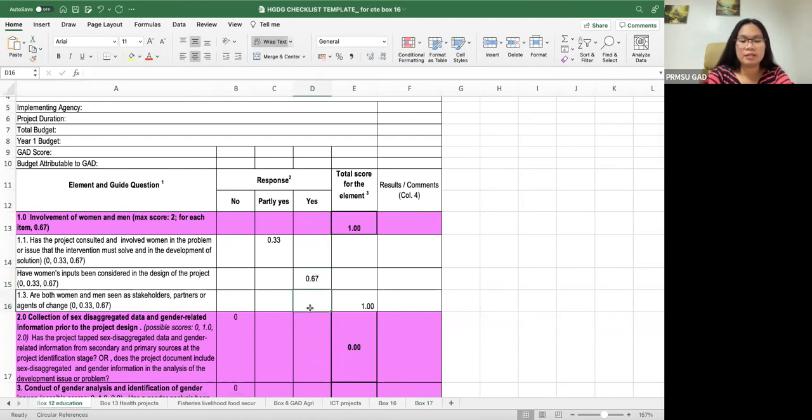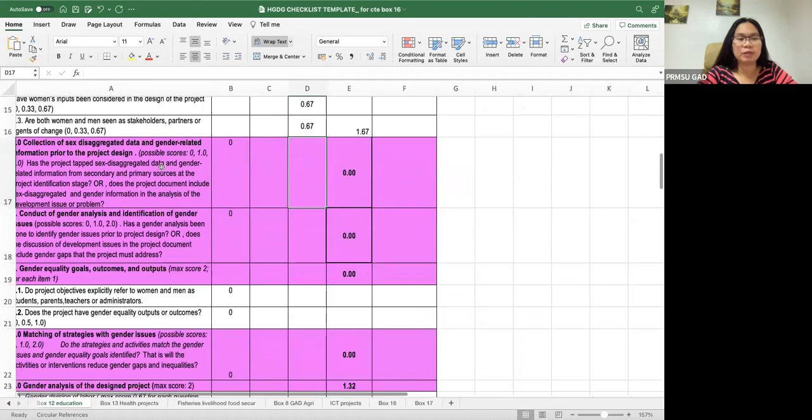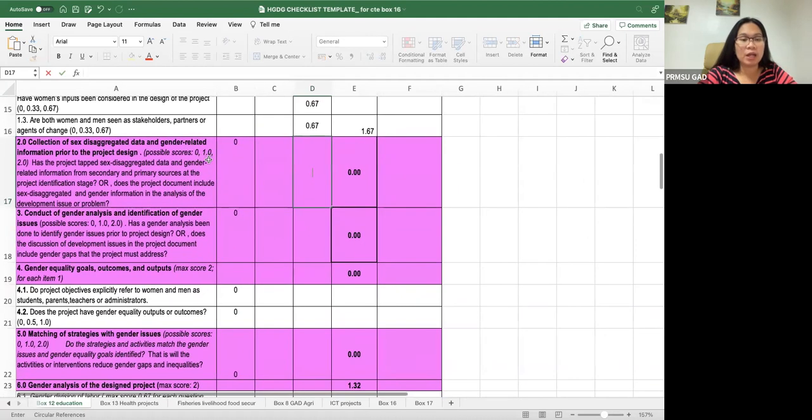If yes, another 0.67. So that is the sum for the first one. And then the same here, collection of sex-based aggregated data. Earlier, you can see that there is a collection of sex-based aggregated data. But this time, the scoring is 0, 1, or 2. So here we go to 2 because there is sex-based aggregated data.